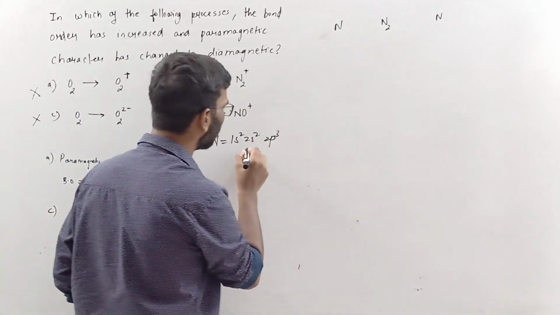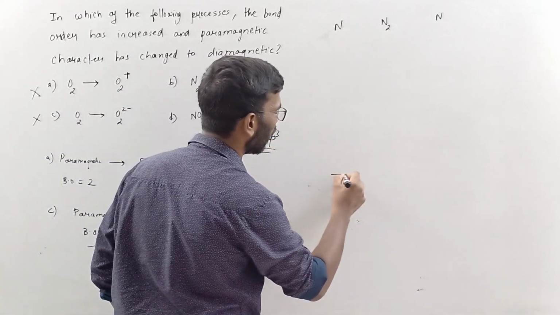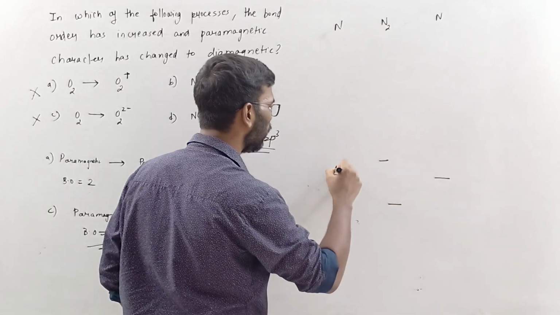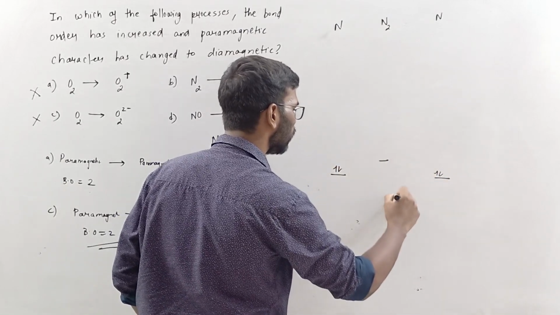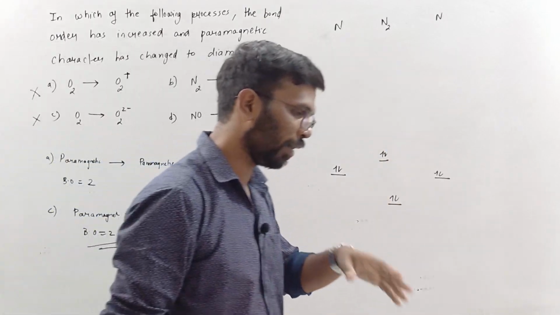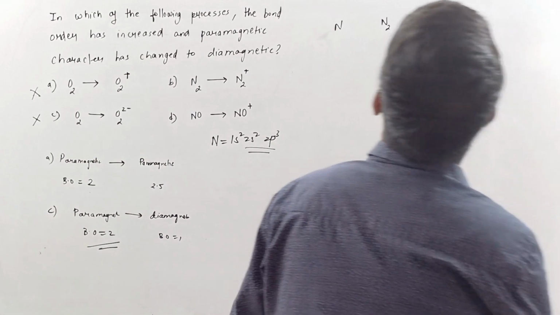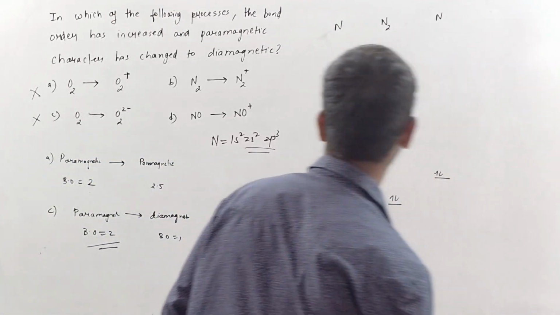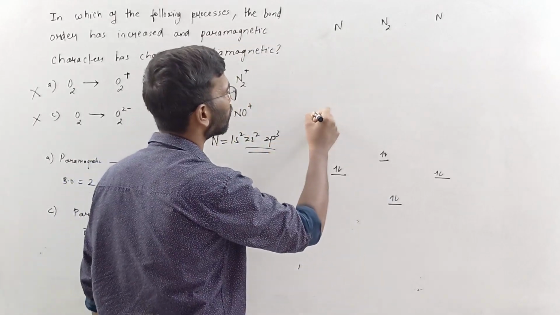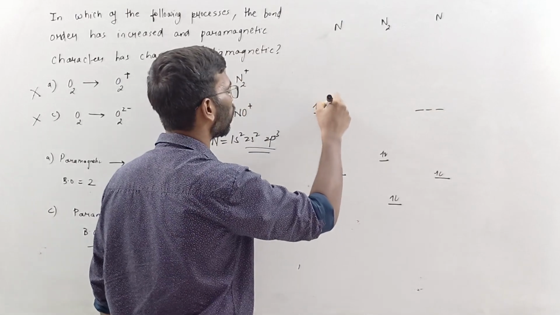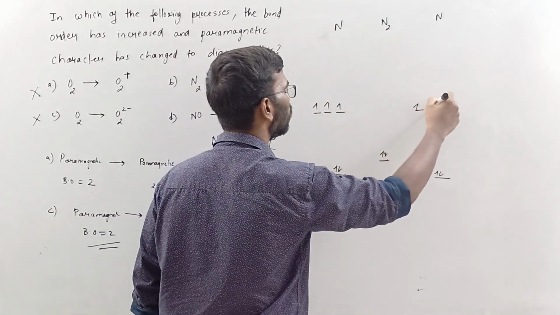So here we'll consider just the lower one, 2s, and this is 2s. Bonding and anti-bonding. 2 electrons here, 2 electrons here. Then what is this 2p? 1, 2, 3. 1, 2, 3. There are 3 electrons here, and here there are also 3 electrons.